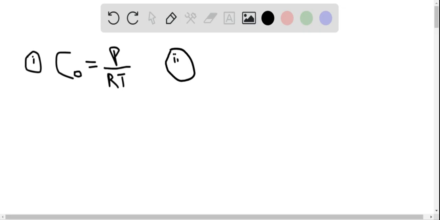So in order to calculate the diffusion rate, we use the diffusion rate formula, which is J is equal to D A, then the change in concentration in the trachea compared with that of the atmosphere, divided by X.